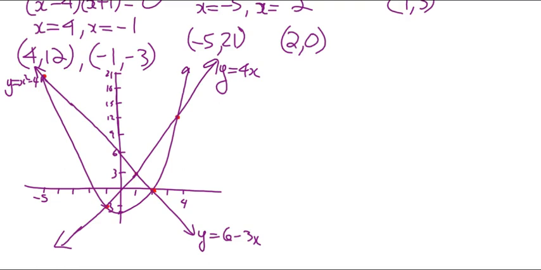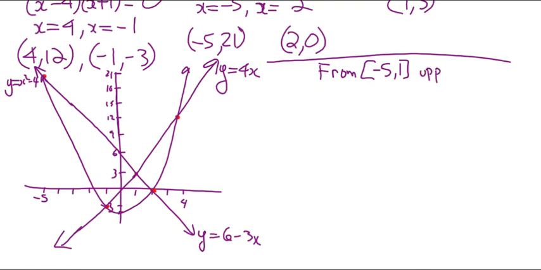So on the interval -5 to 1, from -5 to 1, the upper is y equals 6 minus 3x, and the lower is x squared minus 4. But isn't the lower 3x from -3 to 1?